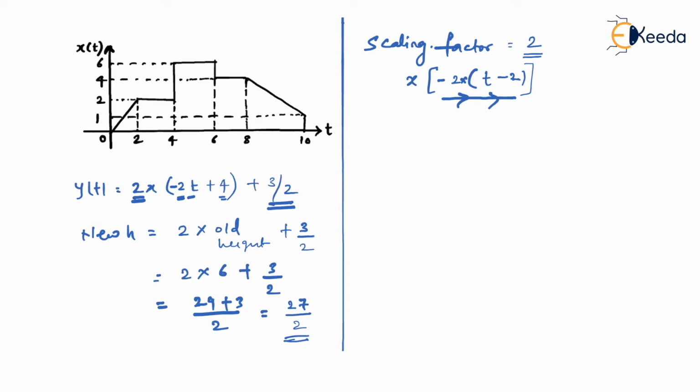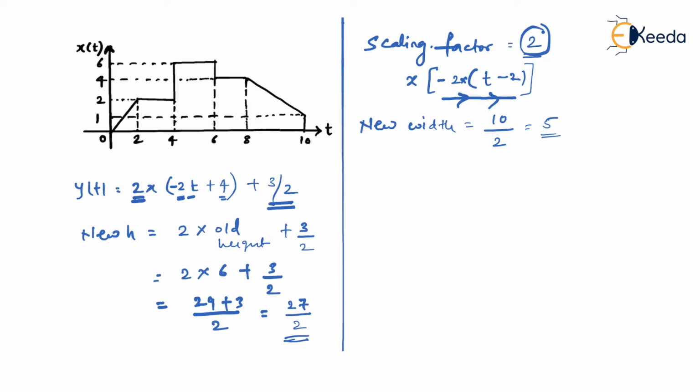So this scaling factor, whether it is minus 2 or plus 2, that doesn't matter. Ultimately, your original width gets divided by 2. So what I really wanted to prove, this scaling factor is 2. So when you have scaling factor as 2, you divide by 2. Therefore, now I would say a new width becomes 10, that is original width divided by 2, which is 5.